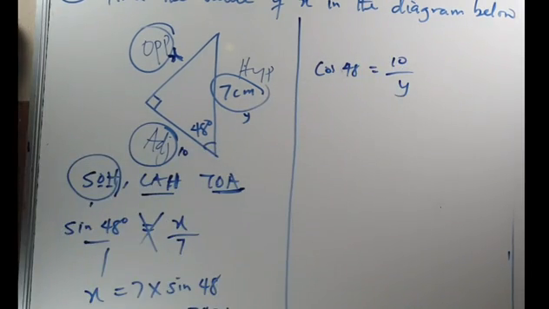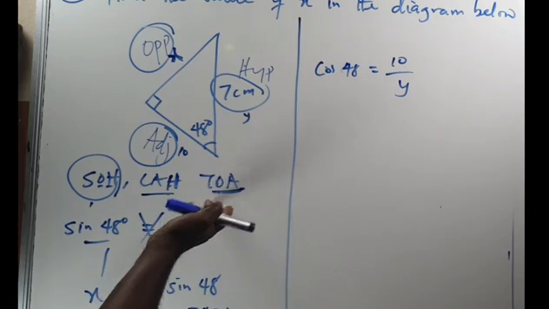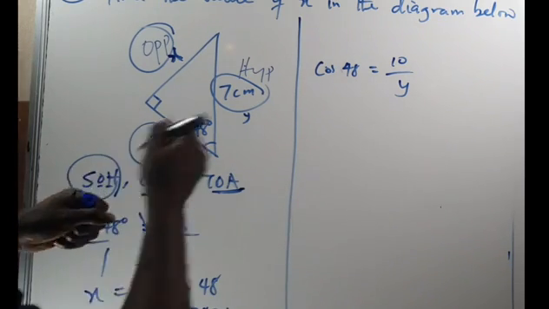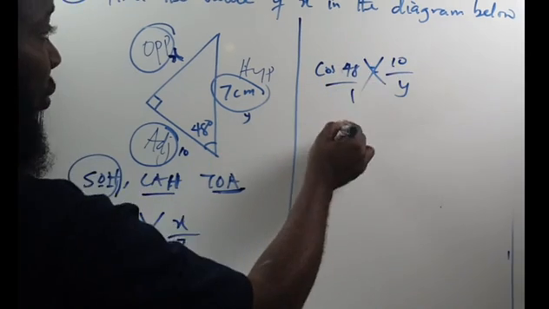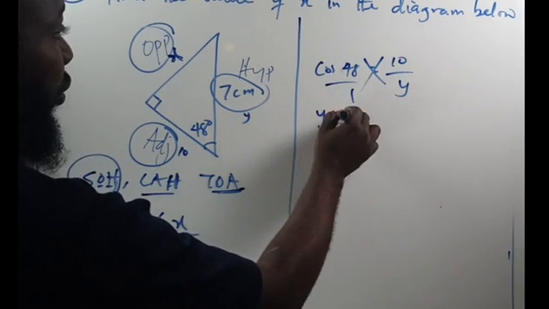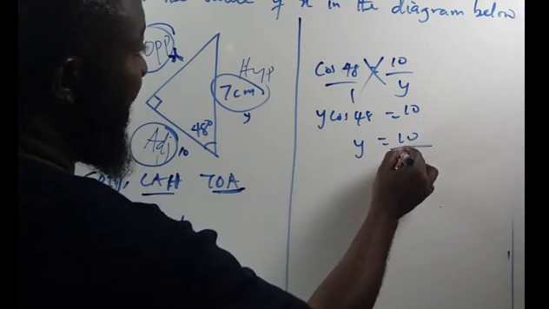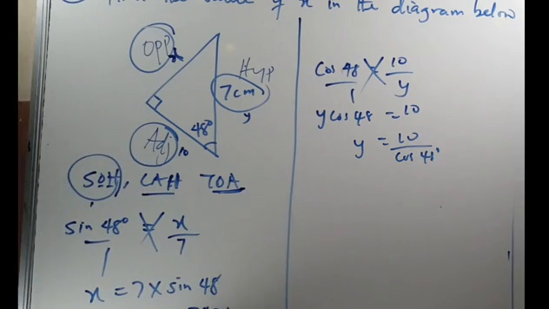Some of you are very funny: because the example we did has x at the top, you now put your y at the top again. No, apply it strictly to the formula as you have it there. So we cross multiply: y cos 48 degrees equals 10, so y equals 10 over cos 48 degrees. So we find the value of cos 48 degrees, then we divide 10 by it to get the value of y.